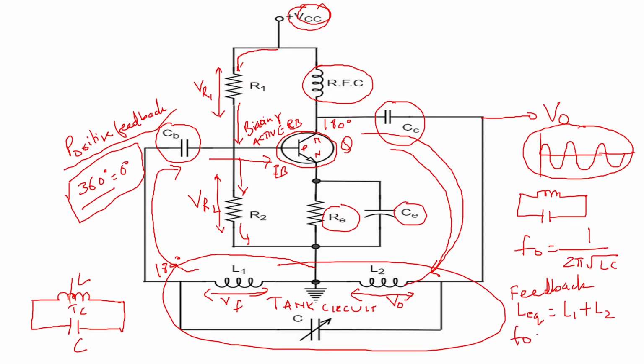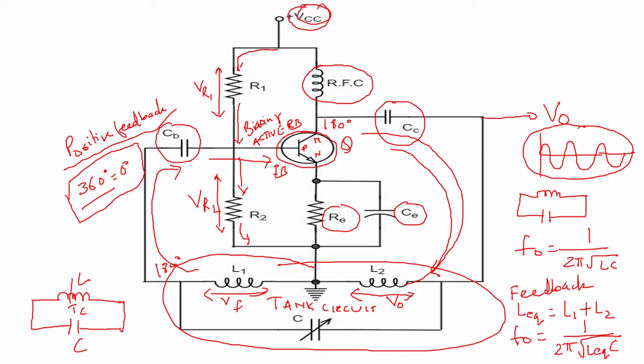Therefore, the frequency of oscillation for the Hartley oscillator can be given as 1 by 2 pi under root L equivalent C. So in the same formula, you have to put the combined effect of the split L1 and L2 together, that is L equivalent.